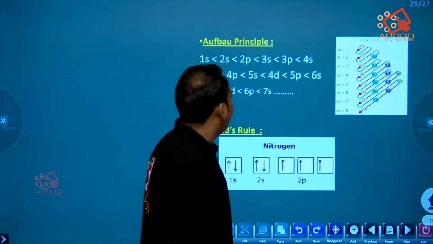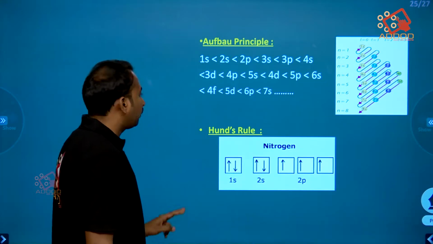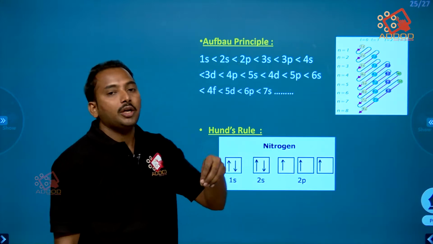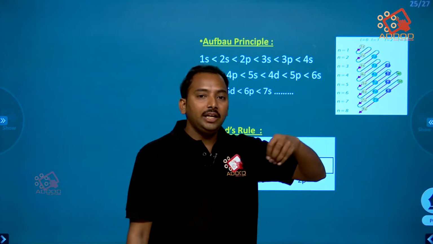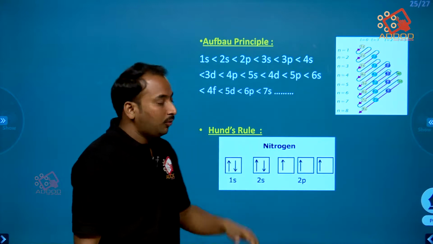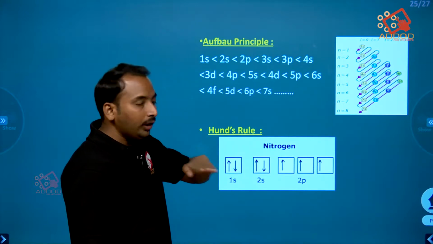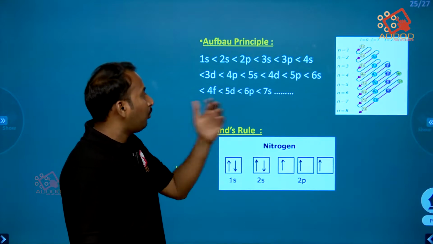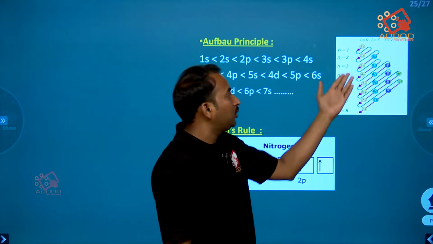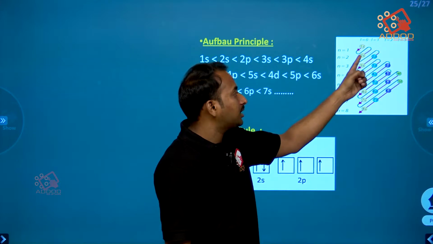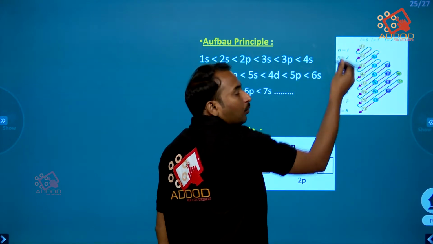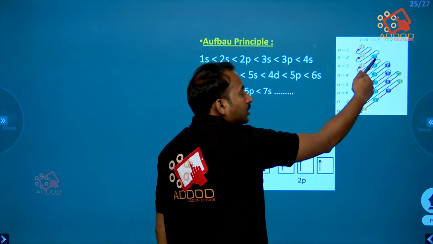And the next rule is the Aufbau principle. The Aufbau principle means the distribution of electrons into the orbitals in increasing order of energy. First we fill the lower energy level, then the higher energy level. Let us see the Moeller diagram. So 1s, 2s, 2p, 3s: first fill the electrons into 1s, next 2s, next 2p.